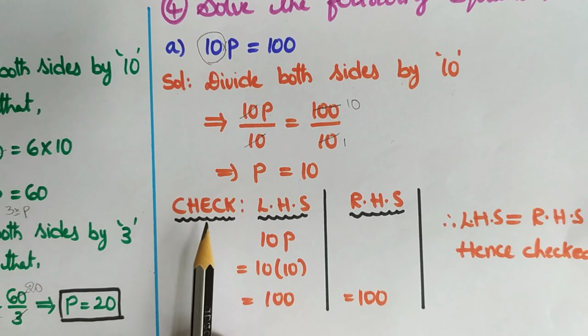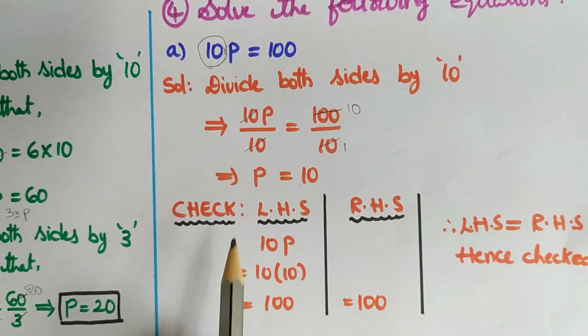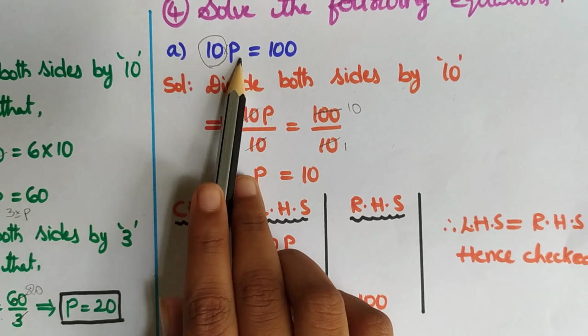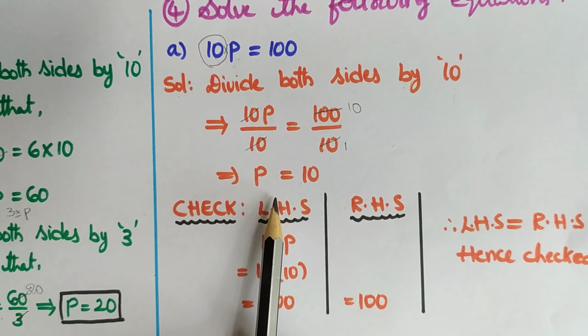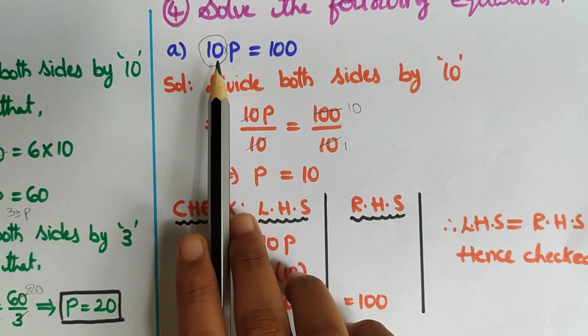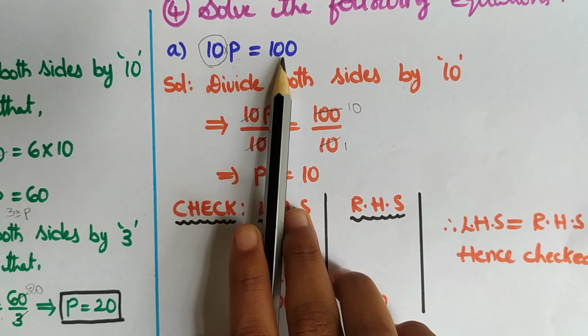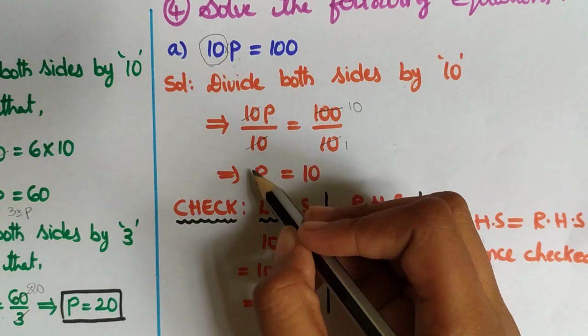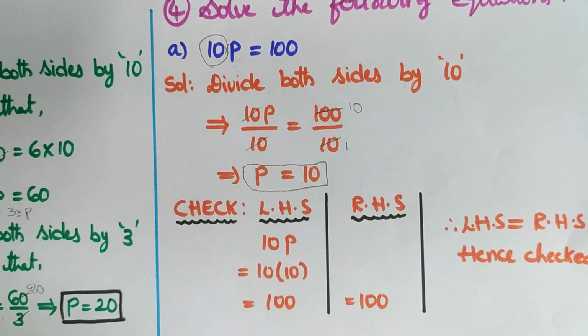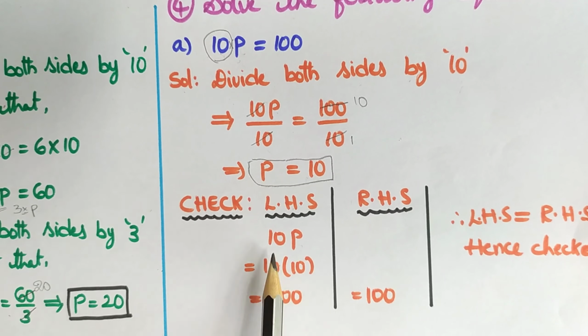Now let us do checking. LHS is 10p and RHS is 100. That is, LHS is left hand side and RHS is right hand side. Now LHS is 10p, that is 10 into p. The value of p is known, p is equal to 10, so it is 10 into 10. 10 into 10 is 100.